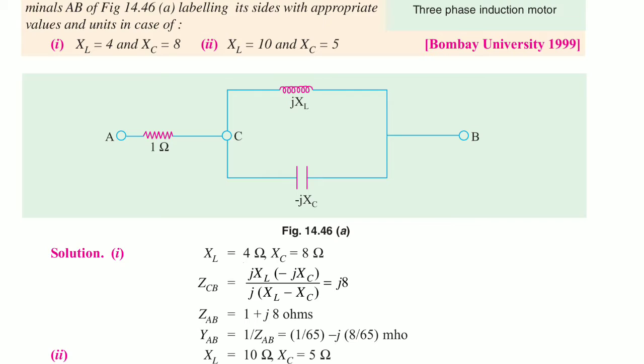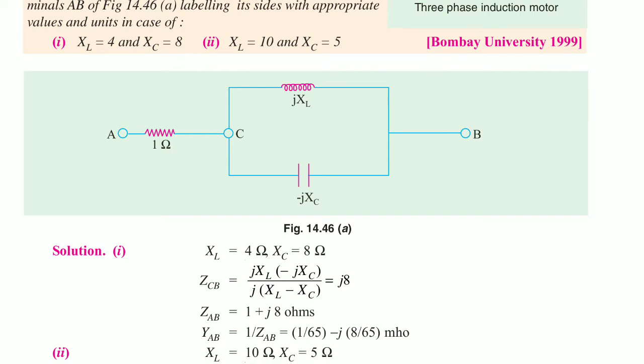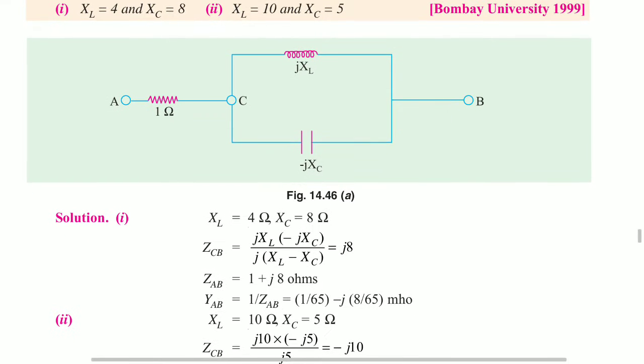With j in the denominator, converting it to the numerator gives minus j. Here minus 4 and minus j, so the minuses cancel. So 32 by 4 gives j8. Here ZCB is j8.